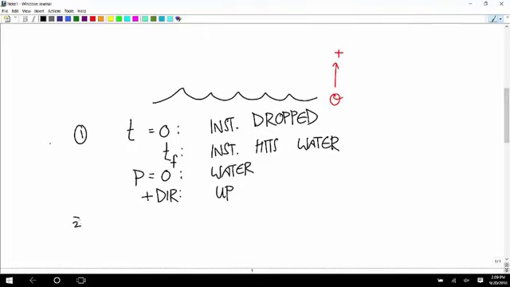And now let's start listing out what we know and what we want. The variables are the same as they were before: time final, acceleration, P initial, P final, V initial, and V final.